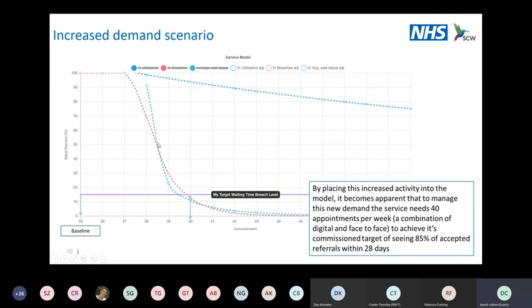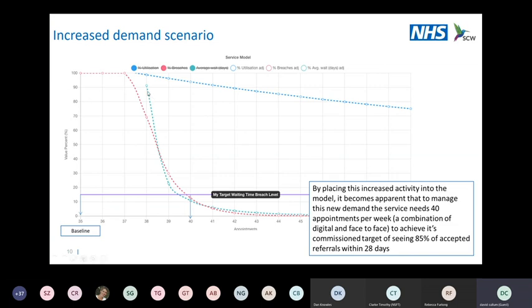So you're looking for where this red line drops below the breach limit. It's as simple as that. And that tells you 40 appointments. If you offer 40 appointments a week, those new referrals and your existing referrals will flow through, and you'll still be able to see 85% of them within 28 days.